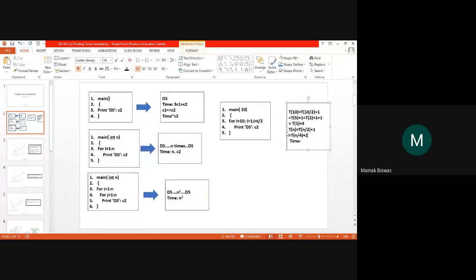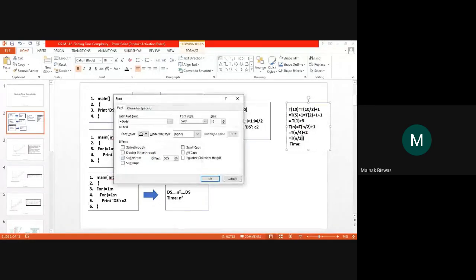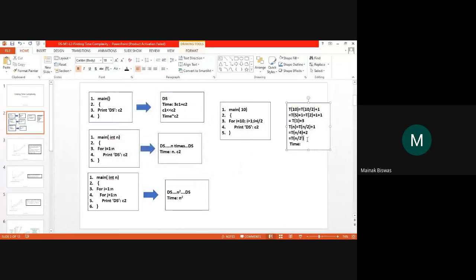At some point of time, the value will become n by 2 to the power I, let us make I a superscript, plus I. So we understand that at this point 2 to the power I equal to 1, this program will not run anymore.